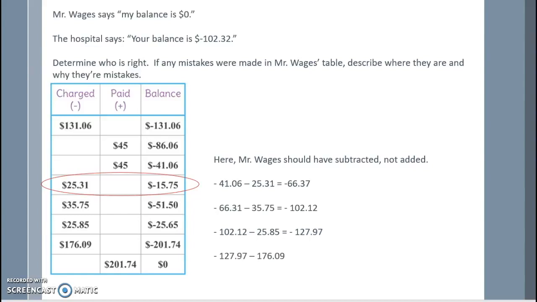He also charged another time 176.09, which now he is in the hole negative $304.06, but he did pay $201.74, so we get to add that. So his balance, sure enough, is really negative $102.32.